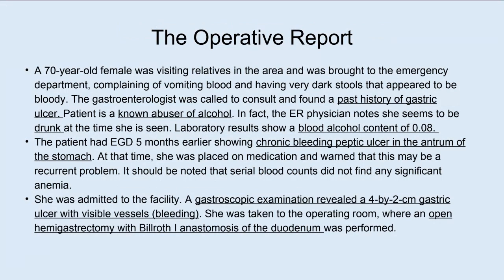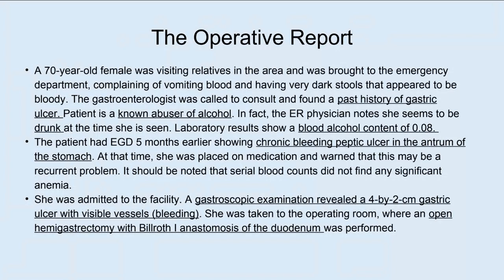So I underlined past history of gastric ulcer, known abuser of alcohol, drunk, blood alcohol level of 0.08, chronic bleeding peptic ulcer in the antrum of the stomach, and also the gastroscopic examination revealing bleeding, okay? And also that they performed an open hemigastrectomy with Billroth-1 anastomosis of the duodenum.